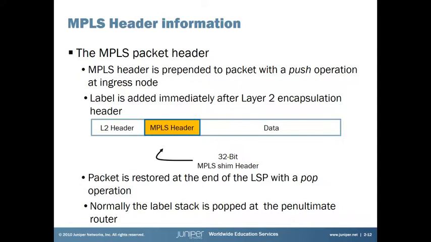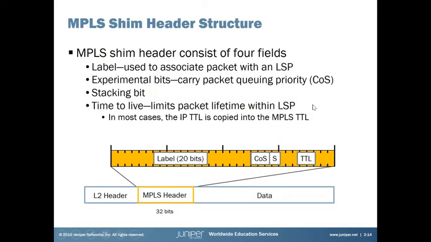So the frame then traverses our network, and forwarding decisions are based on the value that is in that label. Okay, so that is the basic concept of MPLS. But now that we are able to make forwarding decisions based on something other than the IP address, that does open up a whole bunch of other possibilities for us.